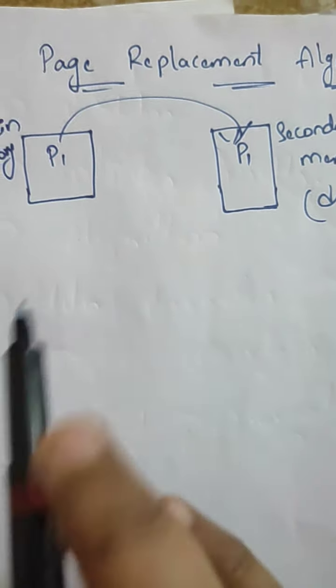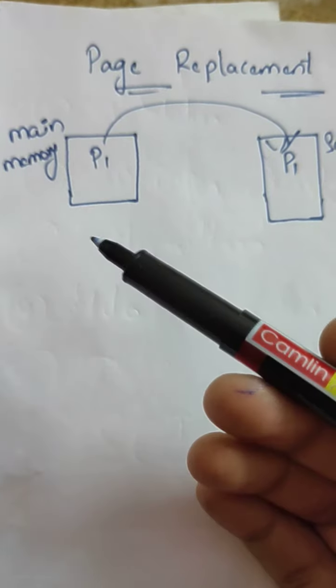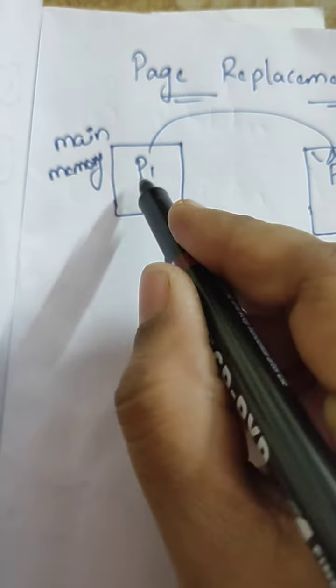Whenever a processor wants to demand some particular page, a process can be divided into pages.